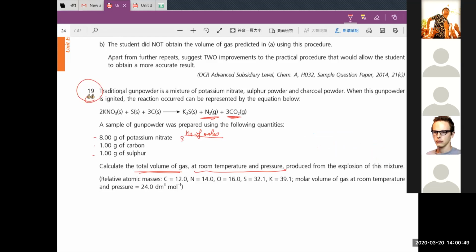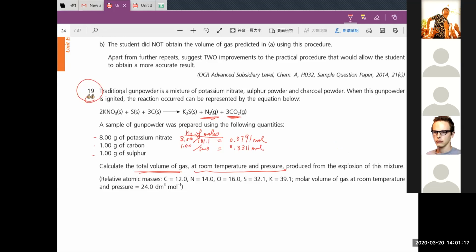First of all, 8.00 over what? Potassium nitrate, yes, limiting reagent. 101.1 grams per mole. Here comes 0.0971 mole. Similarly for carbon, you may get over 12, to form about 0.0311 mole.